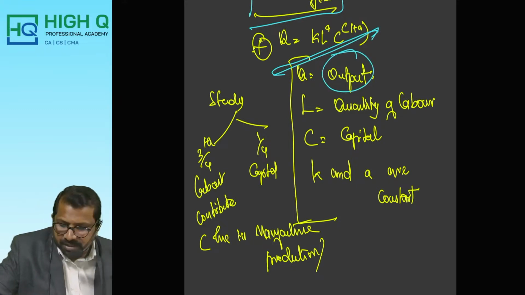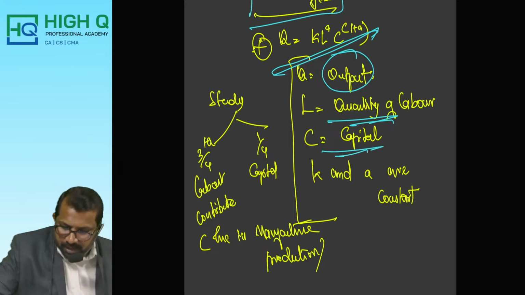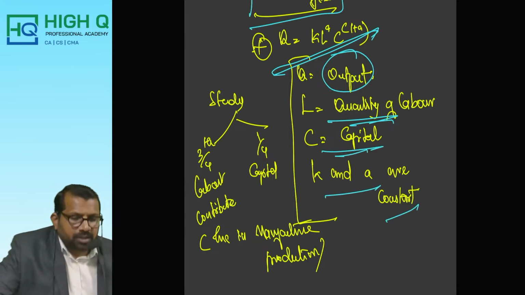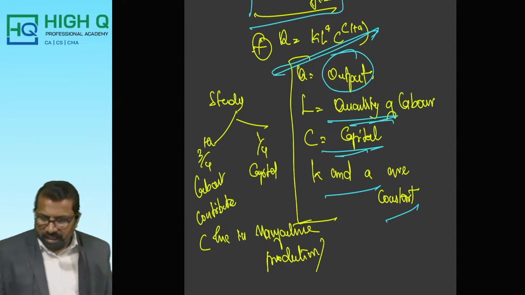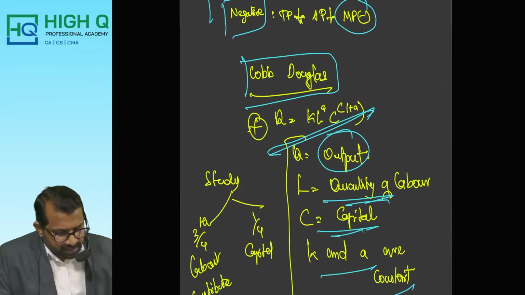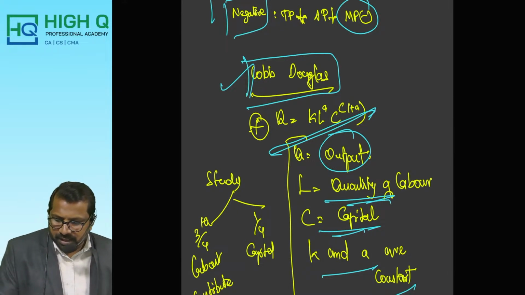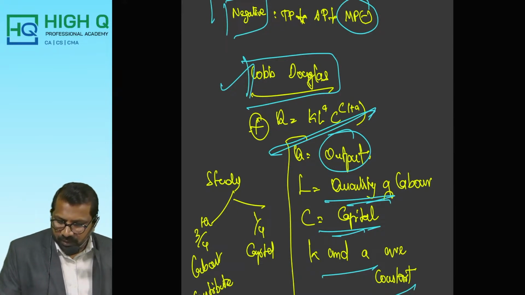Q represents output, L quantity of labor, C capital, and K and A are constants. For what purpose is this production function used? It has been derived from statistical study. Another important thing is that the given function is linear and homogeneous.